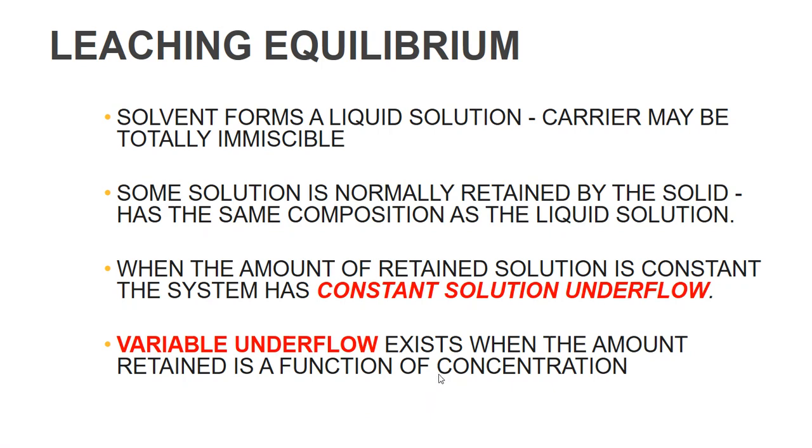Meaning, if the amount of solution which goes with the solid in your slurry depends on the concentration of that same solution, then we have a case of variable underflow. So, take note of that. Here, the amount of solution retained by your solid is dependent on the concentration of the said solution.